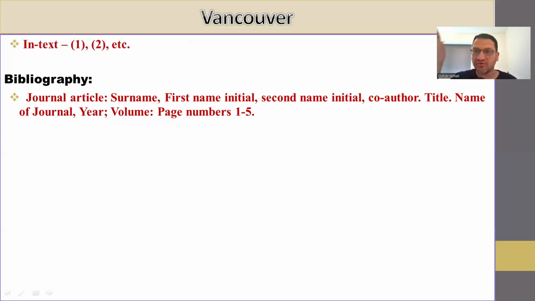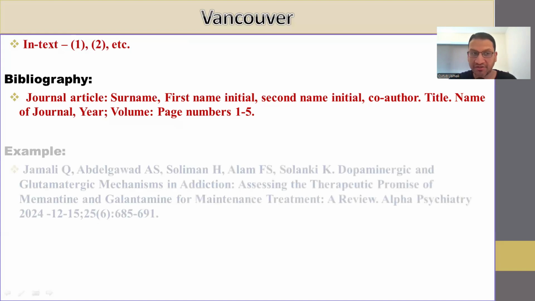Once you've put the details of the authors, starting with the surname, then initials of the first and the middle name, then you put the title of the study, then the name of the journal, year when this particular article which you are referencing was published, which volume of that journal it was published in, and the page numbers in that journal where this article could be identified. So that is the journal article for Vancouver.